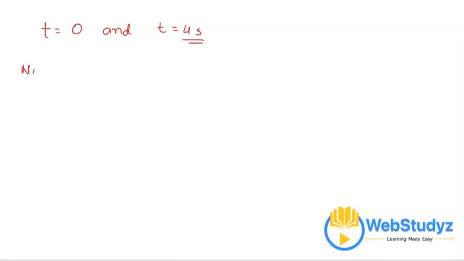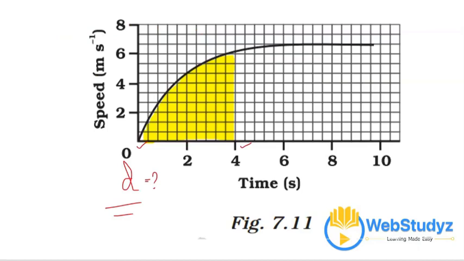The number of squares in shaded region is equals to, so let's see. This is our shaded region.